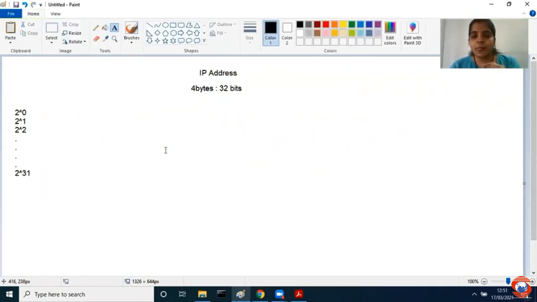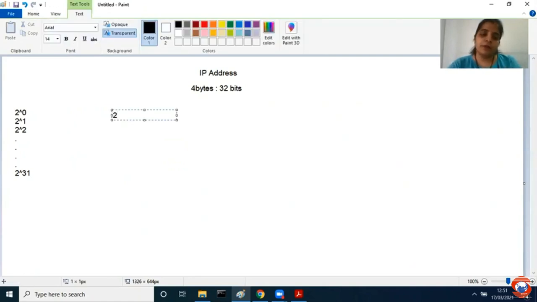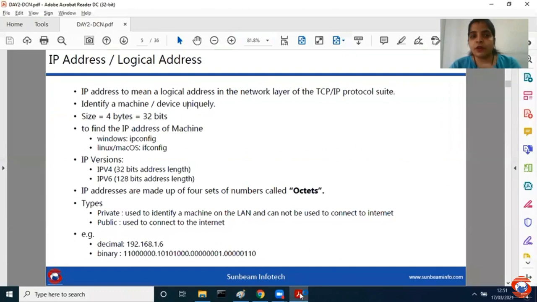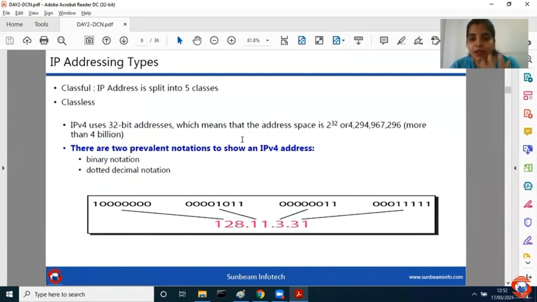So, along with that, I cannot even say my IP address is 2 raised to 25. ऐसे भी नहीं बोल सकती इतना बड़ा नंबर का IP address. No, I cannot. When I consider 2 raised to 0 to 2 raised to 31, the range of IP address can go from 2 raised to 0 to 2 raised to 32, which is basically a very big number, more than 4 billion, right?